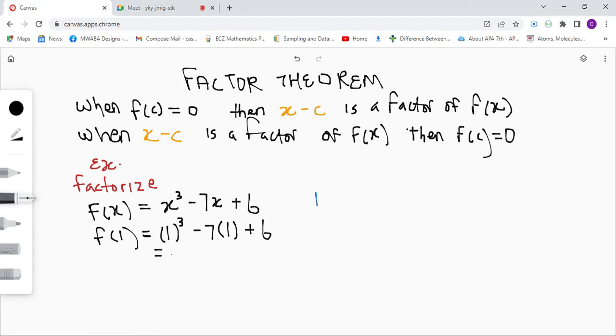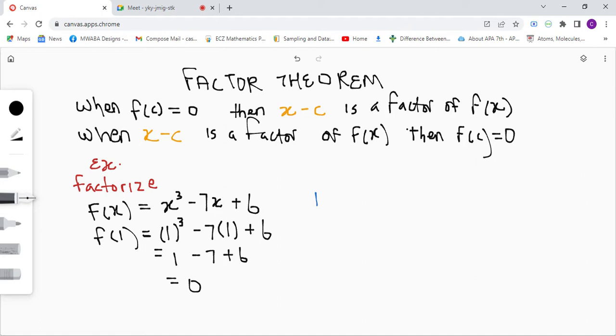So 1 cubed gives us 1. 7 times 1 gives us 7, plus 6. So 1 minus 7, we get negative 6. Negative 6 plus 6, we get 0.